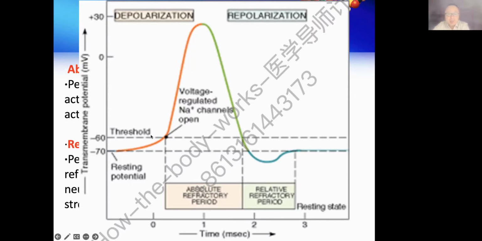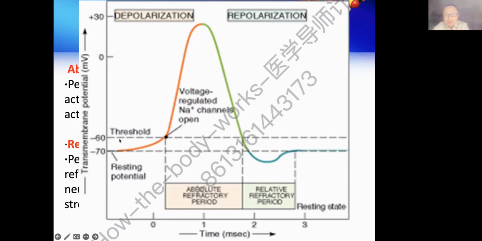But as time goes on, for example between 0 and 1, at around 0.2 milliseconds, you can see the transmembrane potential has risen just a little bit, to minus 60 MV.